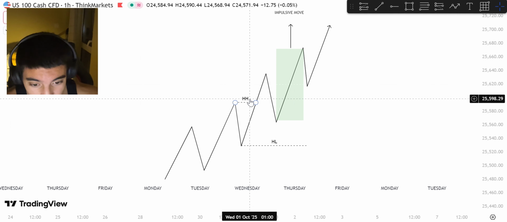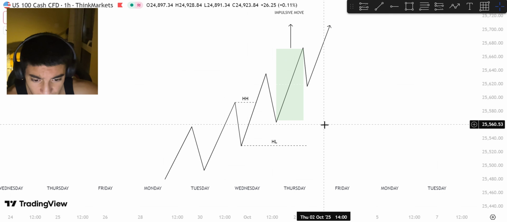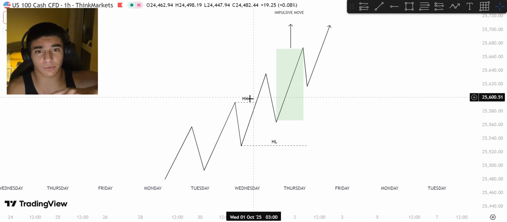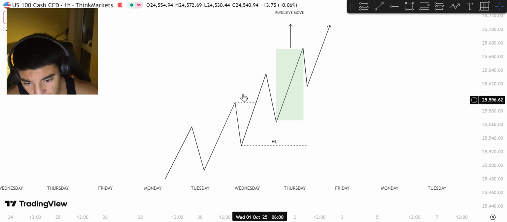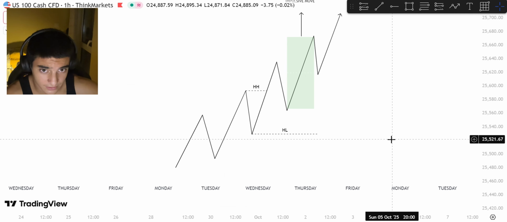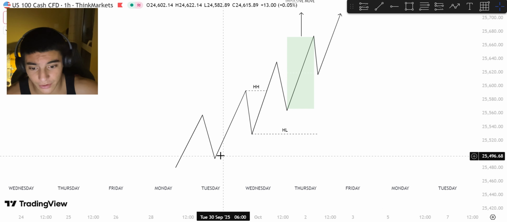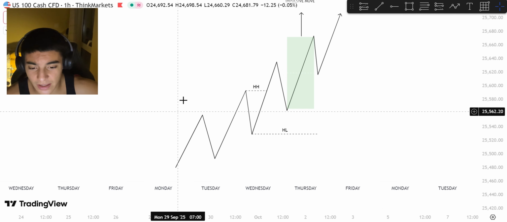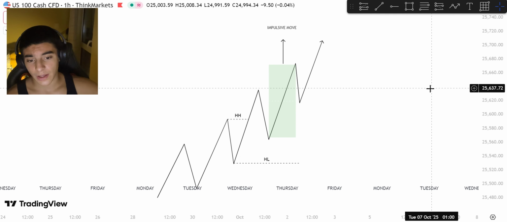So as you can see, as the name suggests, higher highs and higher lows are basically when the market is forming higher highs and higher lows. So higher highs are formed when this previous high is higher right now, as the name suggests, and higher lows are the same but for the lows. So these are the highs and these are the lows of the trend line, right? These are all points of liquidity.